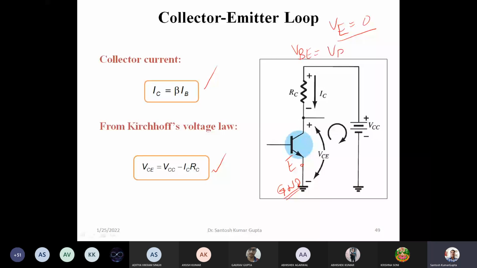The potential difference between base and emitter we can write as the potential at base minus potential at emitter, and similarly VCE we can write as VC minus VE. So now we can find out easily the values of voltage at base and collector using these equations, knowing the values of VBE and VCE.